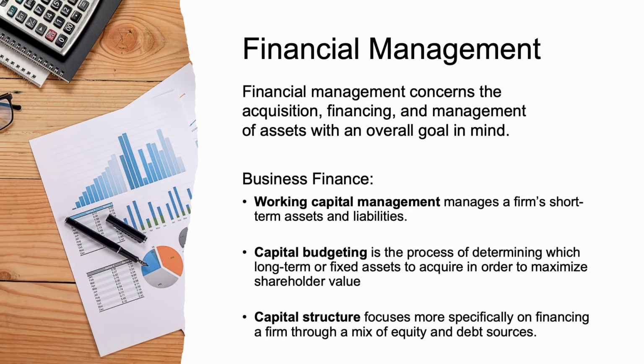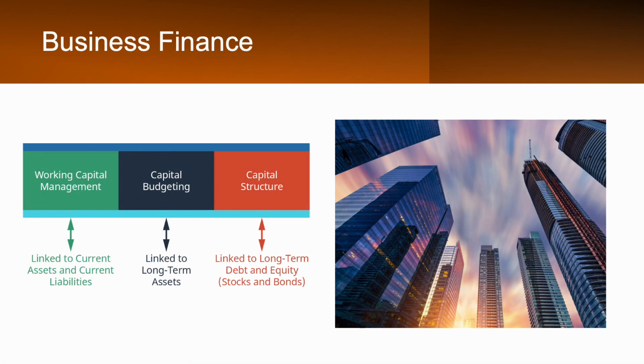Financial management concerns the acquisition, financing, and management of assets with an overall goal in mind. Working capital management focuses on a firm's short-term assets and liabilities and how the company finances their day-to-day operations, whereas capital budgeting focuses on long-term assets. And capital structure focuses on how we're going to finance those assets, as in how much equity versus debt should we use to purchase those assets.